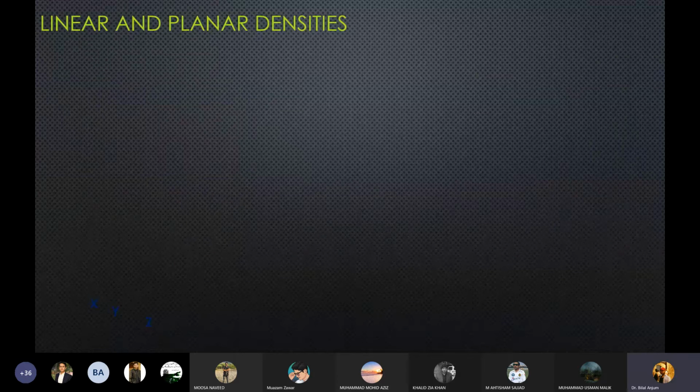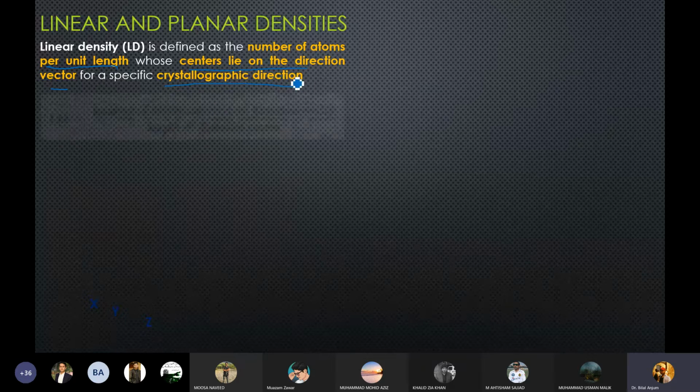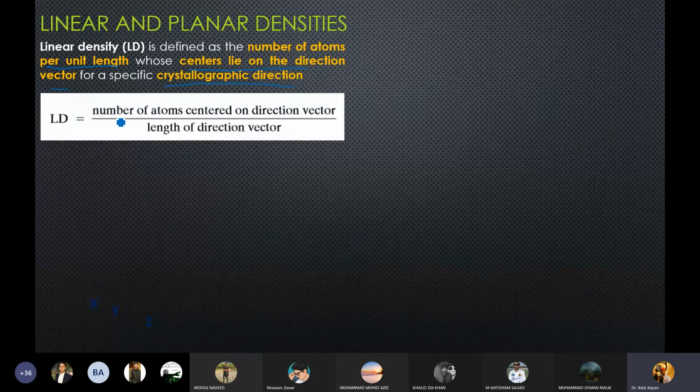Moving on, let us look at linear and planar densities. Linear density is defined as the number of atoms per unit length whose centers lie on the direction vector for a specific crystallographic direction. Number of atoms centered on direction vector divided by the length of direction vector.